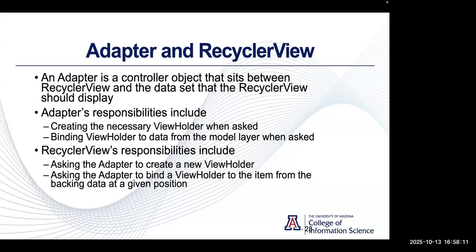So that's what the adapter does. And the recycler view asks the adapter to create the new view holder, and also asks the adapter to bind a view holder to the item from the backing data at any given position.